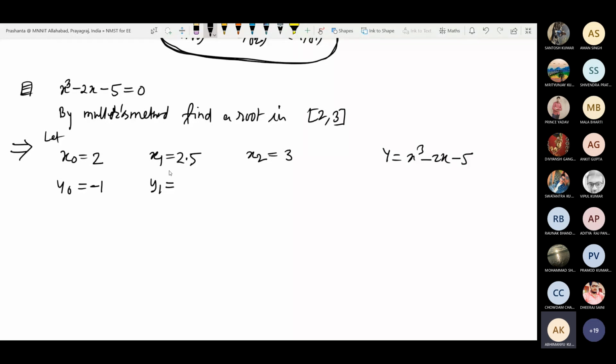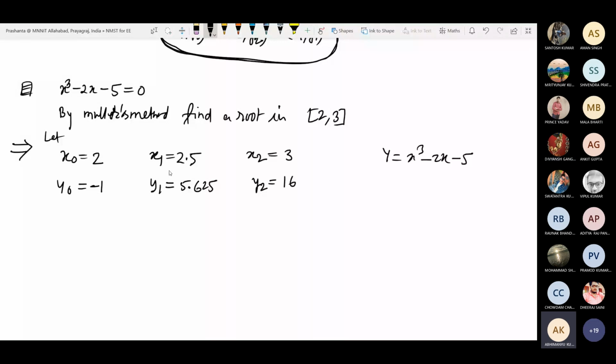You must keep a calculator with you. 5.625. Is it correct? I will not be checking because I do not have the calculator. Yes, 5.625. What is y2? 16, na? Yes, sir. Okay, then yes.